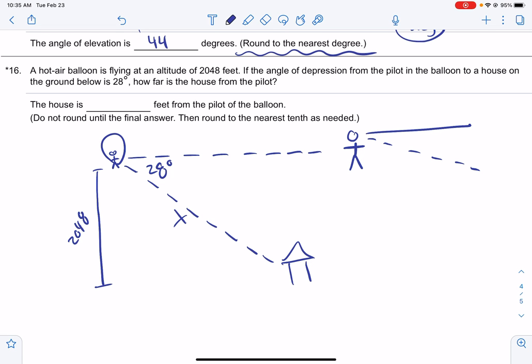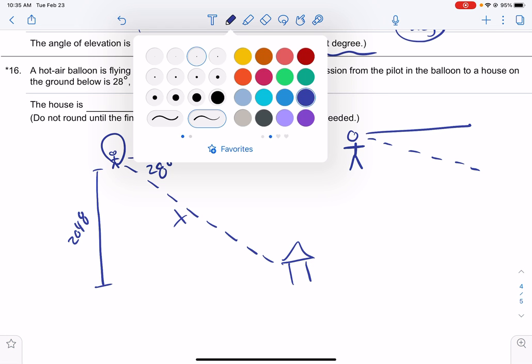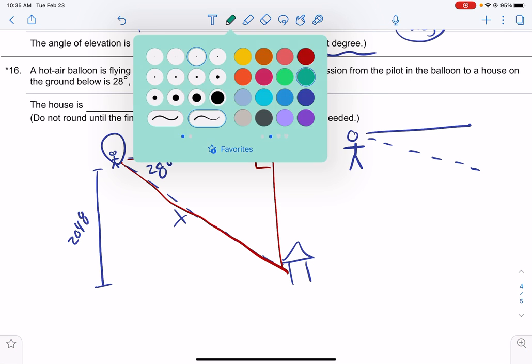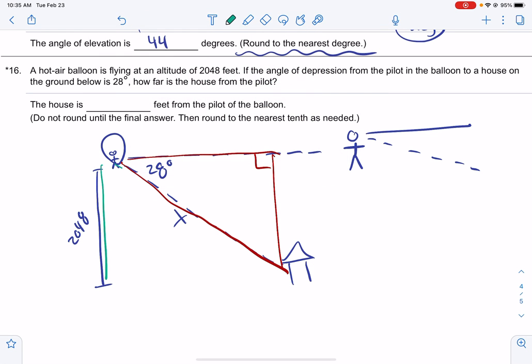Now, I can draw two different triangles to solve this problem. I can draw a triangle right here, and make this my 90 degrees. Or, if I want to, I can draw a triangle right here and make this my 90 degrees. Either triangle works, you just have to be careful about your numbers.